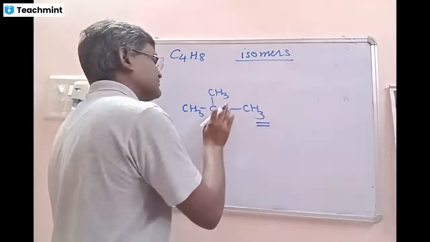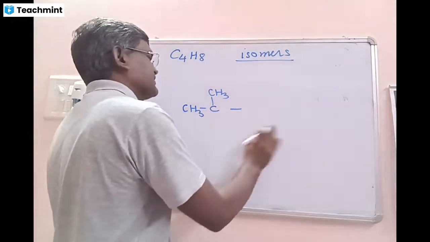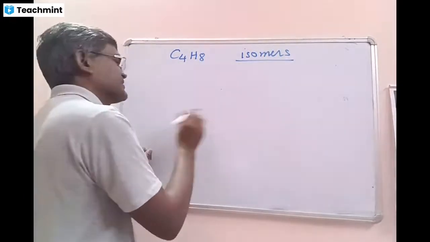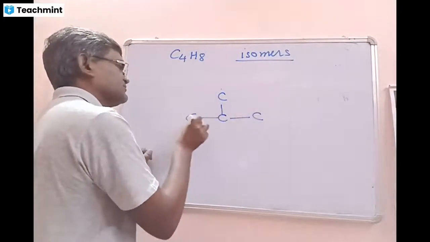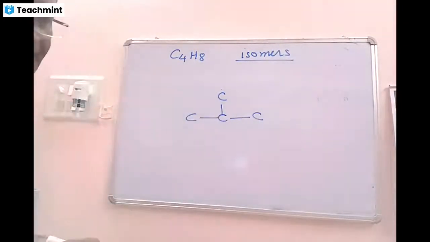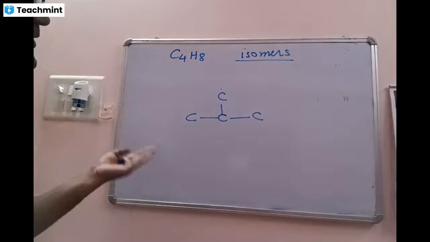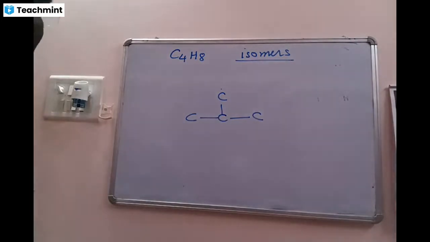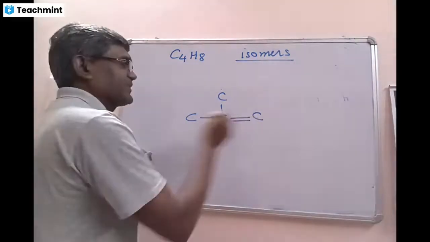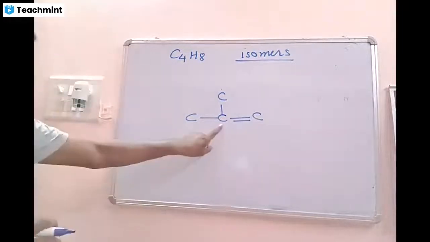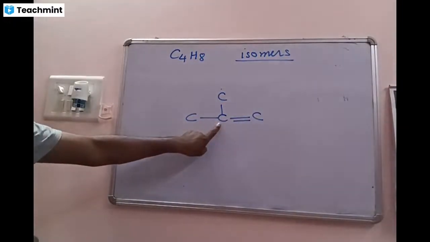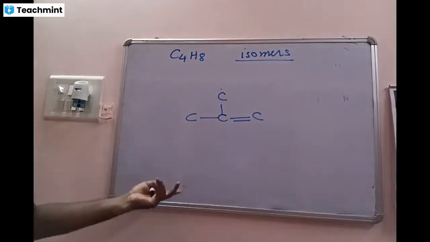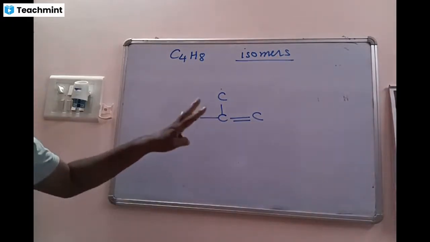Then remove one from here and one from here. Now you can place a double bond between the two carbon atoms. Where should I place it? Let me place it here. What about the valency of this carbon? Nothing is left. All four valencies are satisfied.